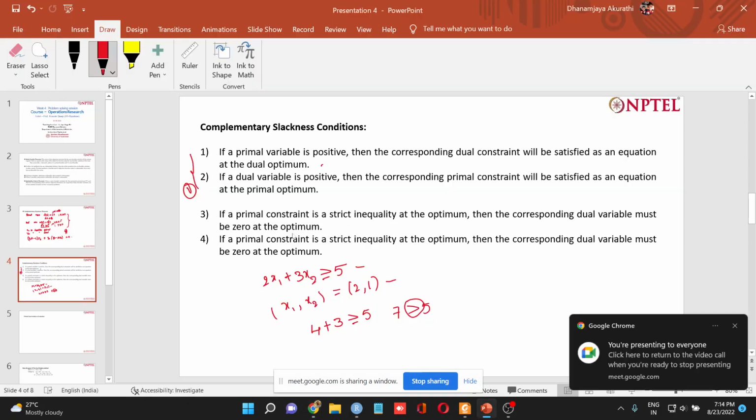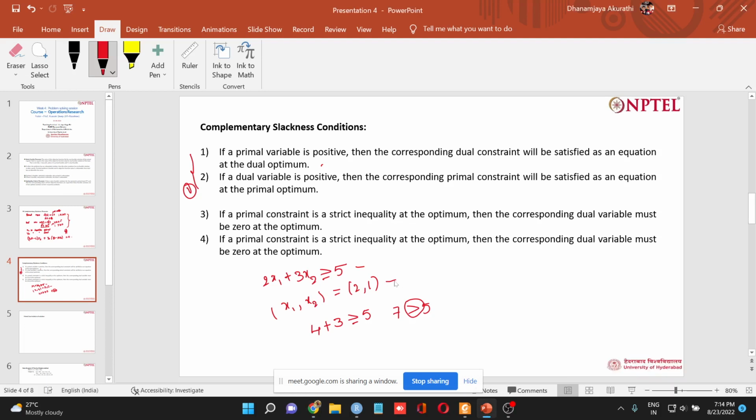So in these types of cases, if the primal constraint is a strict inequality at the optimum solution, then the corresponding dual variable must be 0 at the optimal solution. If it is the second constraint which satisfies the strict inequality at the optimum, then the second dual variable must be 0 at the optimal solution.